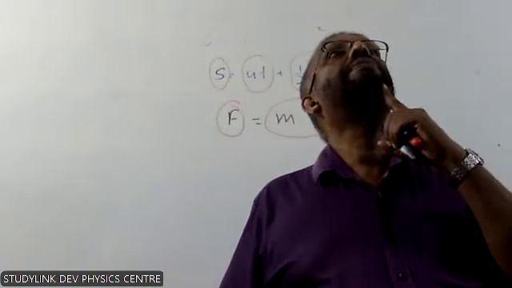Theory: when the dimension of each term in an equation is the same, then the equation is dimensionally correct.